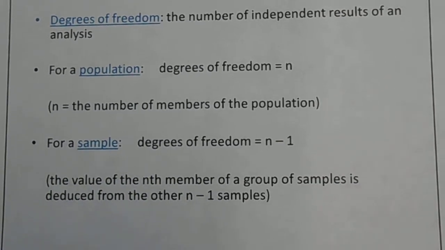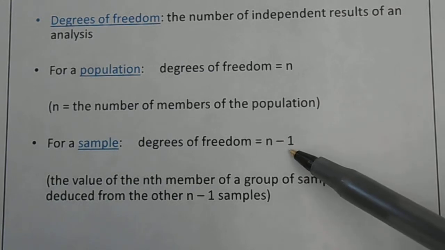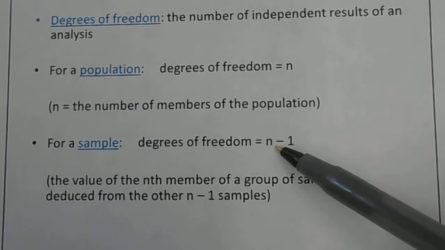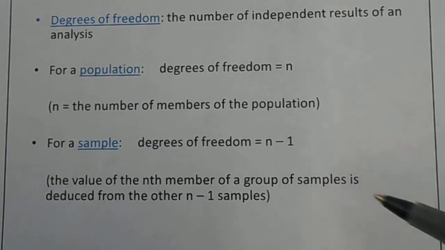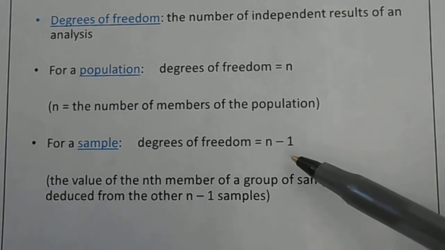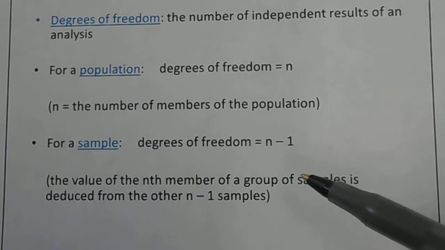We take some subset, and so our degrees of freedom for that subset will always be one less than the number of samples that we measure. Because, for example, say we wanted 7 total samples, that 7th sample would be determined from the first 6.